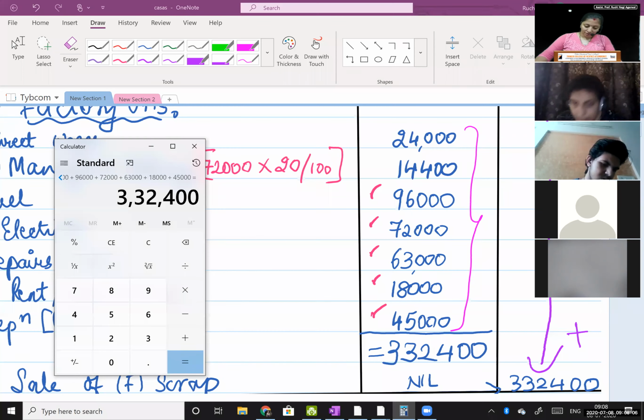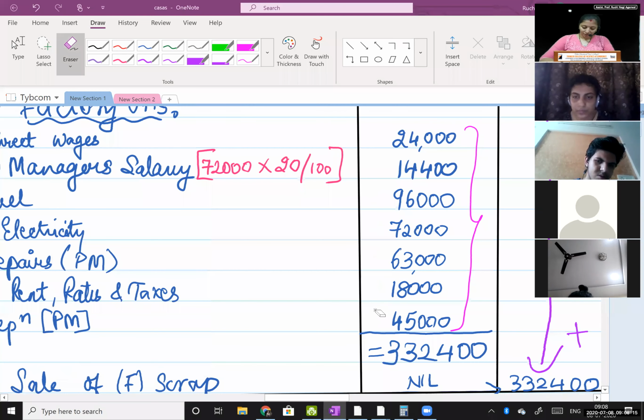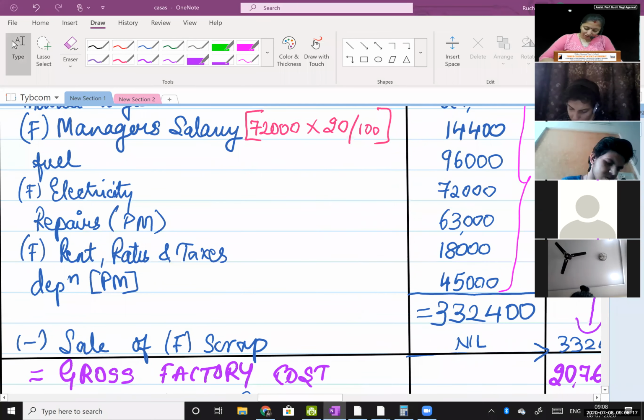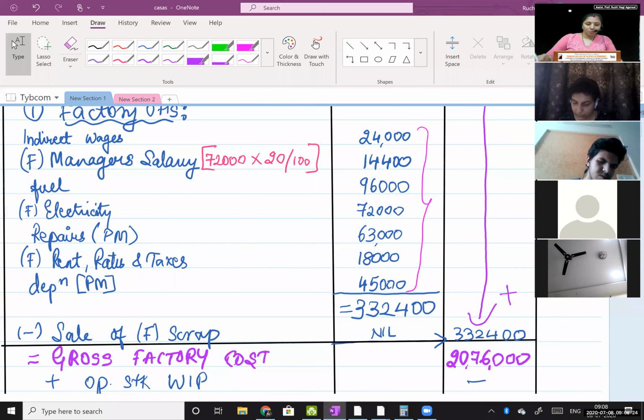Clear about this? Then less sale of factory scrap. Value is nil. And then take the total in the outer column.